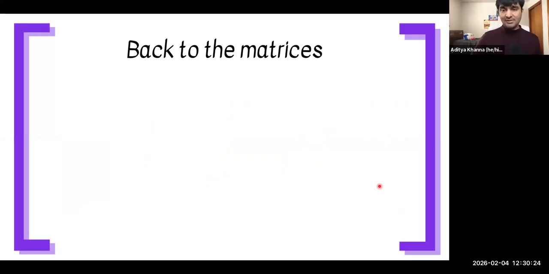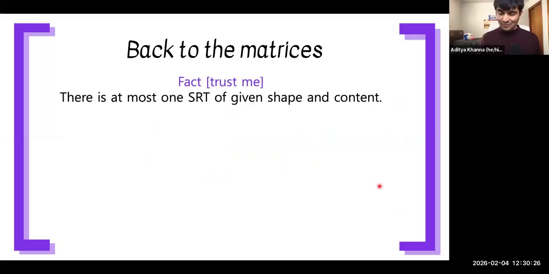So let's go back to our matrices. I'm not going to prove this, but just trust me on this. There exists at most one special ribbon tableau of a given shape and content. If I give you a shape and tell you to construct this using special ribbon tableau, and I fix the content, at each step you can either add a special ribbon or you cannot.